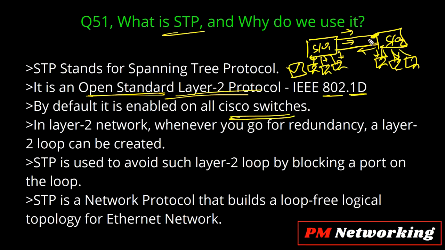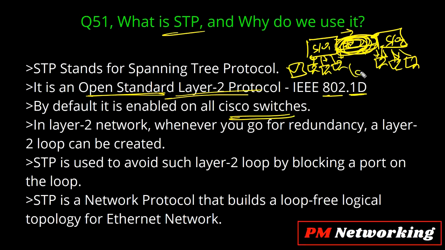So this is a loop. Now this frame will be forwarded by switch 1 to switch 2 and switch 2 to switch 1, and then switch 1 to switch 2, then again switch 2 to switch 1. So your frame will keep moving like this.